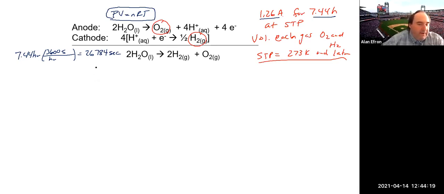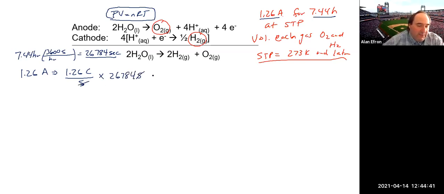Now that we have our time in seconds, remember that 1.26 amperage is basically the same as 1.26 coulombs per second. And again, that's why we want to get our time into seconds. So we're really going to take the amperage, or the current, times the time so that everything cancels out.